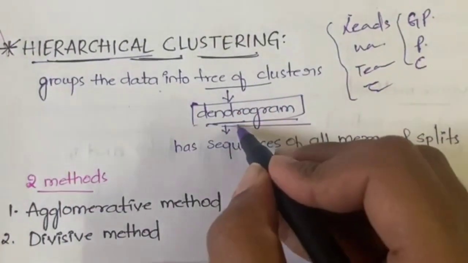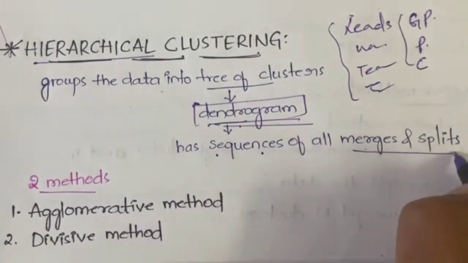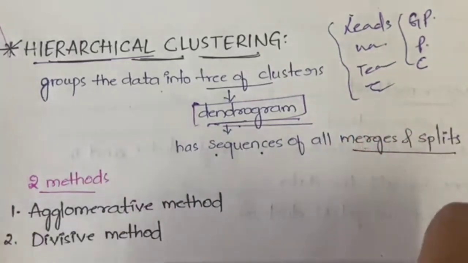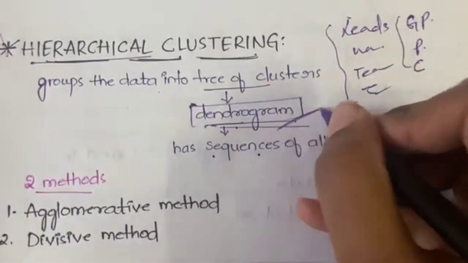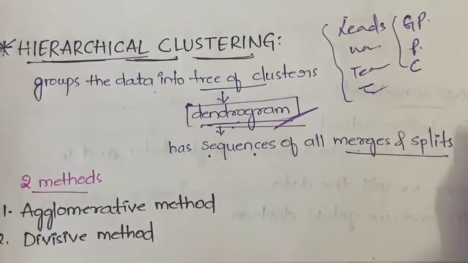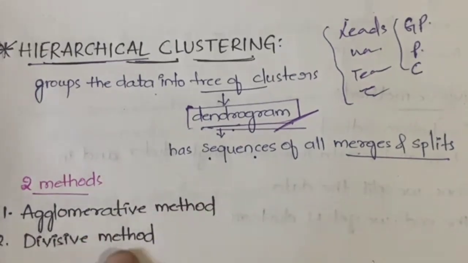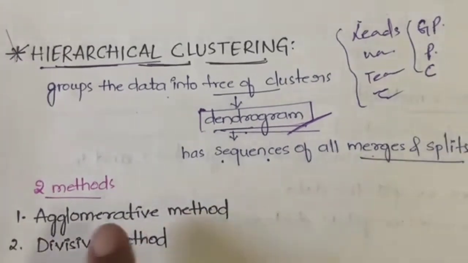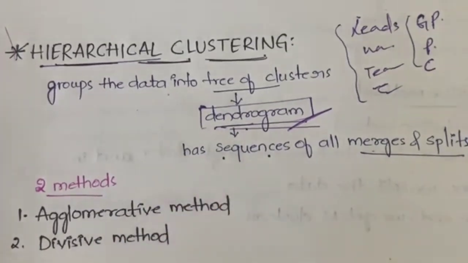Then in the dendrogram we have the sequences of all merges and splits, when you're splitting the data and merging the data. So we have two methods in hierarchical clustering: agglomerative and divisive.